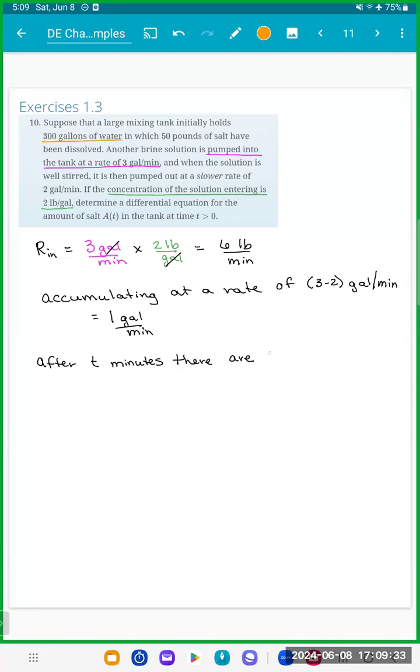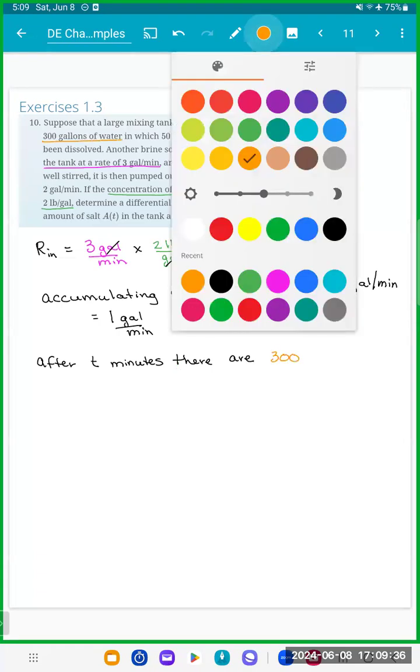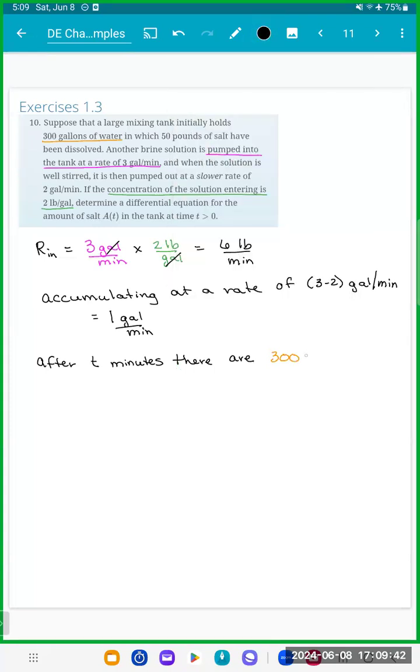So after T minutes, it had 300 to start with, plus we need to add some number of T gallons per minute. And that happens to be just the value of 1, because that is what we calculated in the previous step, that accumulation, right? So after T minutes, there are 300 plus 1 times T gallons of brine in the tank. I'll go ahead and write that, gallons of brine in the tank.